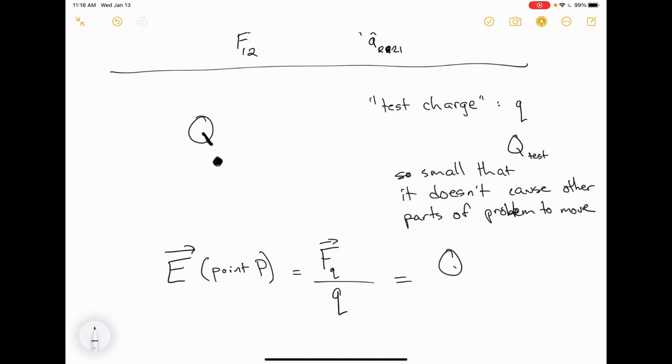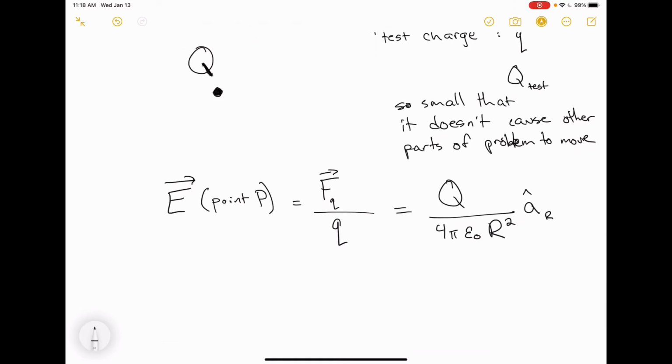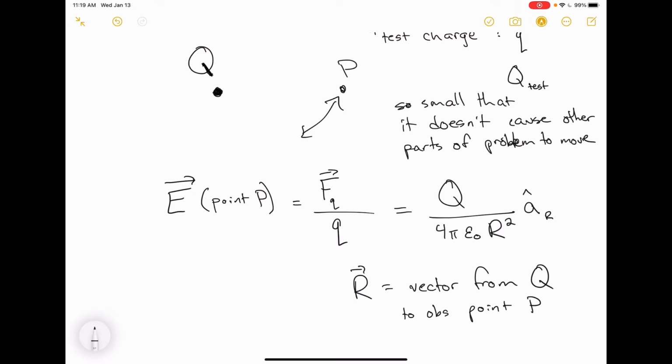And what you get then is big Q divided by 4 pi epsilon naught r squared a hat r, where this vector r is the vector from Q to your observation point P. And you can move your observation point around that way and test what the value is of your electric field by figuring out what force would be exerted on your test charge at that location P.